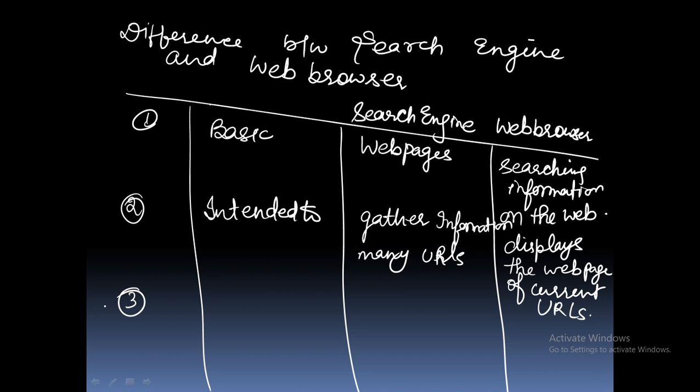According to intended to, search engine only gathers information regarding many URLs. But on the other side, web browser only displays the web page of the current URL.